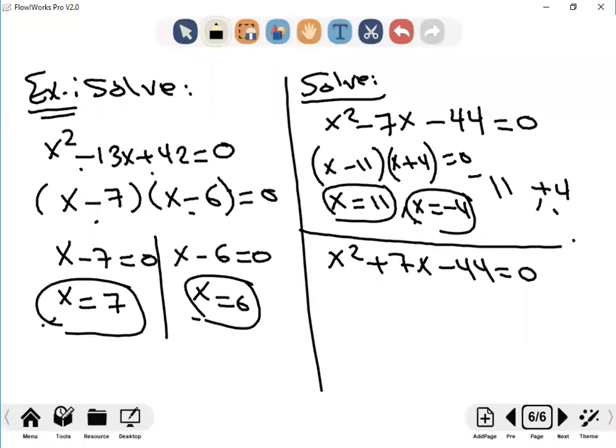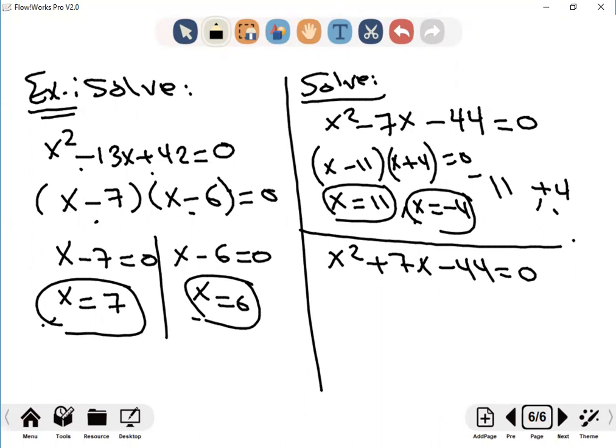If this is positive and this is negative, then both are negative. If the end is negative, then they have different signs, and this sign here takes the bigger. If it's negative, the bigger is negative. If it's positive, the bigger is positive.